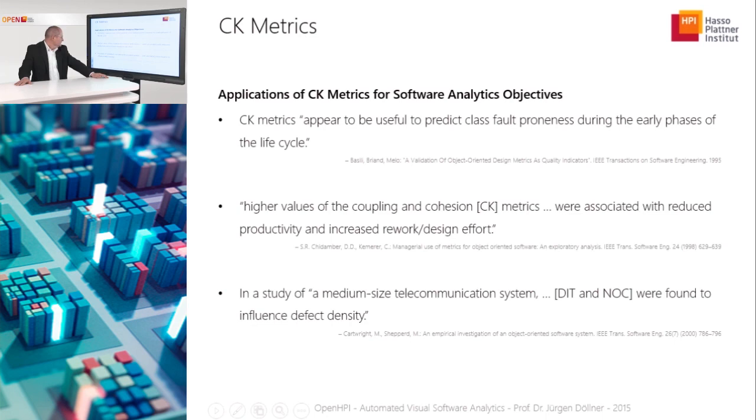There's also a study that a medium-sized telecommunication system appears to have a relationship to the depth of inheritance tree, a number of child aspects or values of this metric. They were found to influence defect density. These are 3 examples of how the CK metrics is used to evaluate certain quality aspects of object-oriented systems, and these results are typical for empirical software engineering.